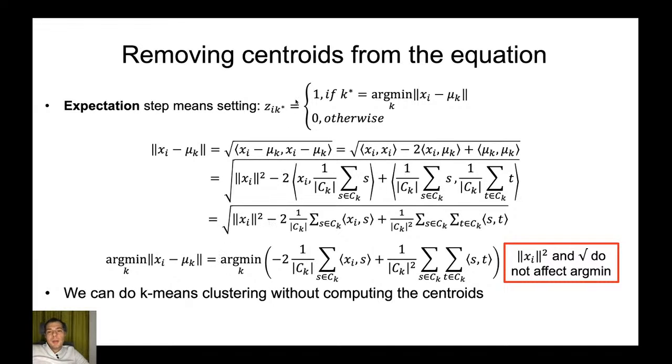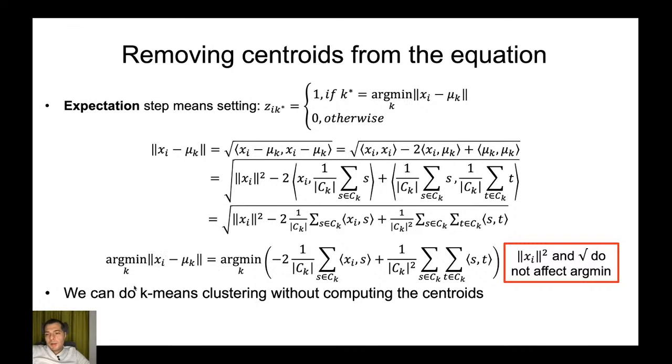So in the end, if we replace the expectation step, so actually we assign 1 where, so essentially, yeah, we replace the criterion, the objective here, with this, and these are equivalent, and now we can estimate the assignments without considering the average of data points.